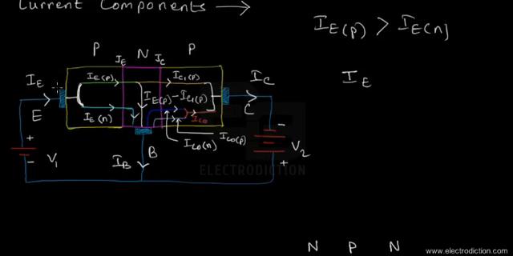So you can see that here the emitter current enters into the PNP type of transistor, and then it branches out as the base and the collector current. So in that case, the emitter current would be equal to the base current and the collector current taken together.